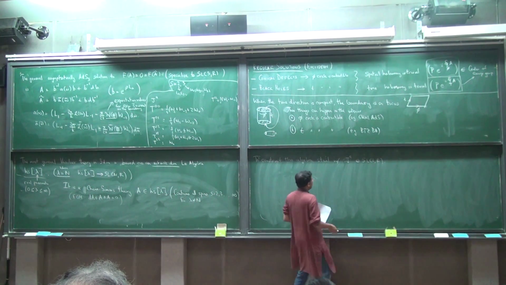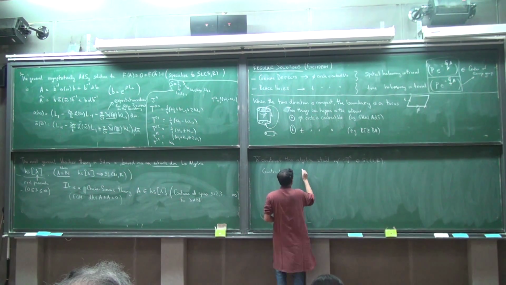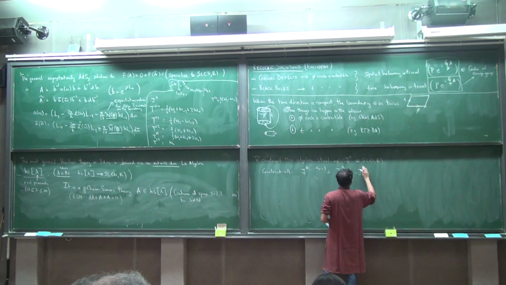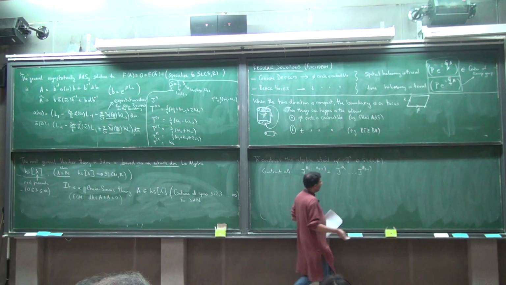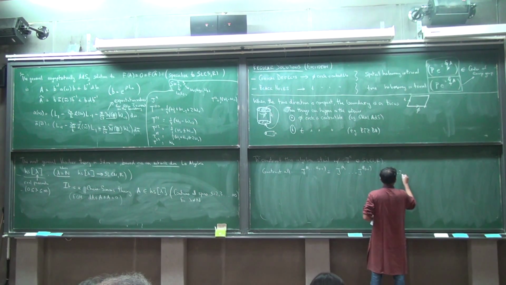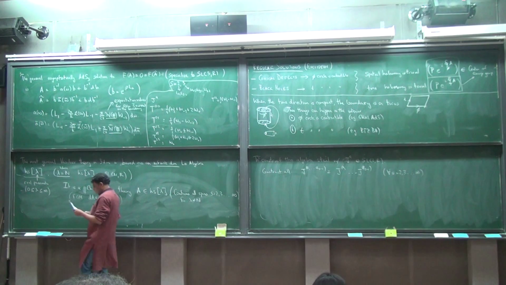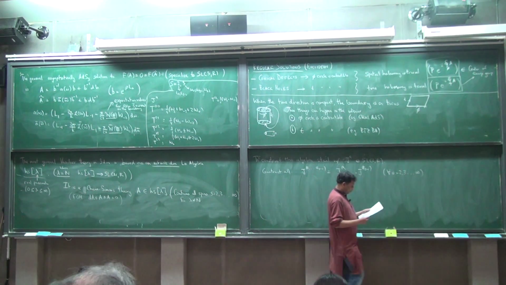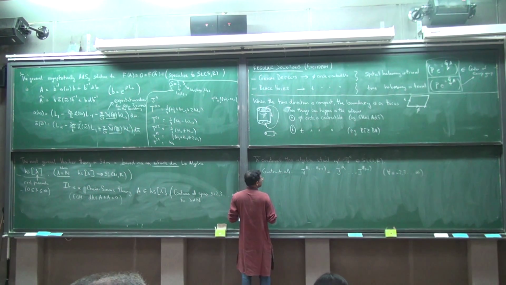You start with SL2R generators and then construct all these monomials J_(a1) to J_(a(s-1)), so the construction parallels what I just wrote for the principal embedding. You construct these for all s.